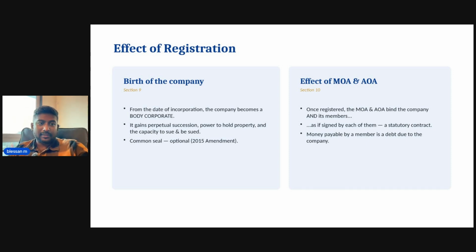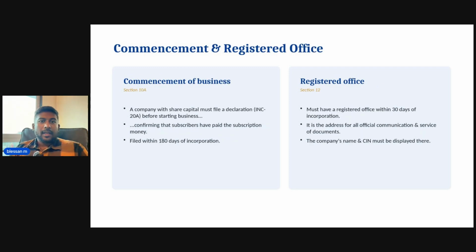So if a member has subscribed to shares, then the money will be payable as a debt. So these are the effects of incorporation and the effects of MOA and AOA. The very important aspect is that the contract becomes binding on all the members and shareholders.